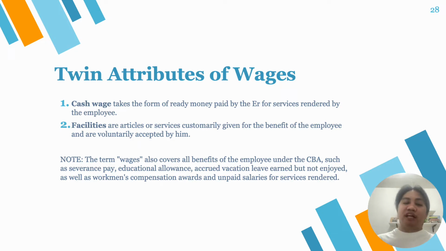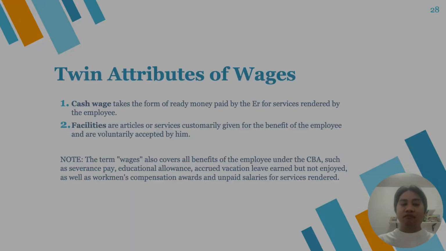When we say wages, it also covers all benefits of the employees that are given under the collective bargaining agreement, such as severance pay, educational allowances, vacation accruals, service incentive leaves that are earned but not yet enjoyed, as well as workers' compensation awards and unpaid salaries for services rendered.